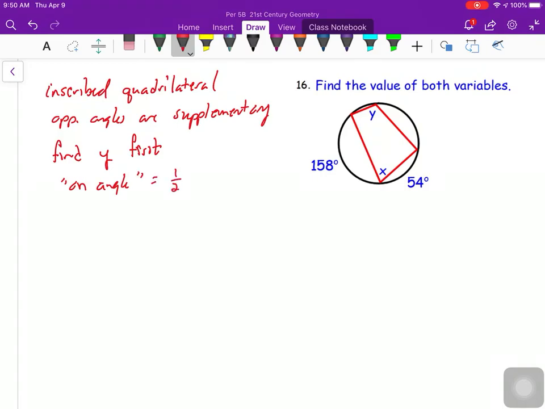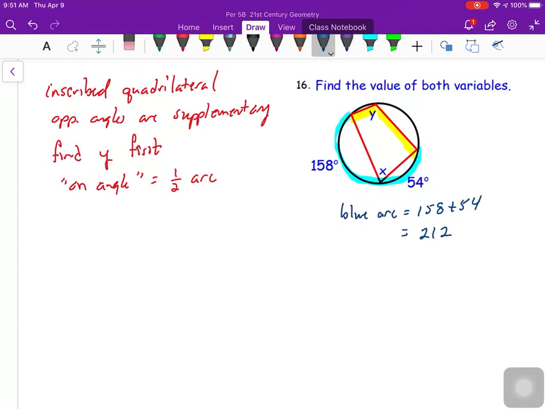In this particular one, we're going to find the y first. And that's because the y is an inscribed angle. It will be equal to 1/2 of the arc. And if you think of the angle y is this one. And the arc that goes with it is this one.